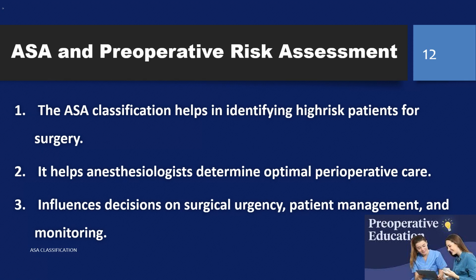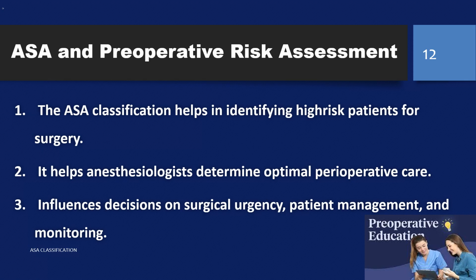risks. Influencing decisions. Surgical urgency: the ASA classification influences decisions on surgical urgency, helping determine whether surgery should be delayed or expedited. Patient management: it also influences patient management, including decisions on monitoring and interventions.